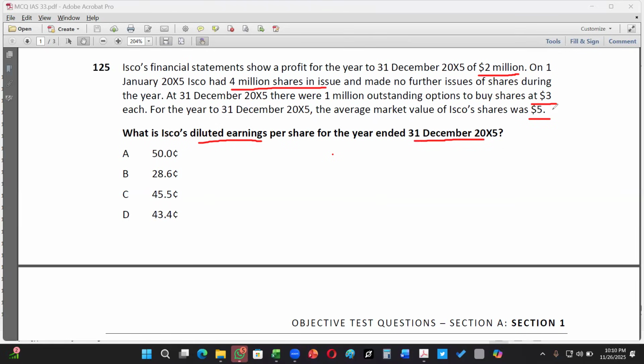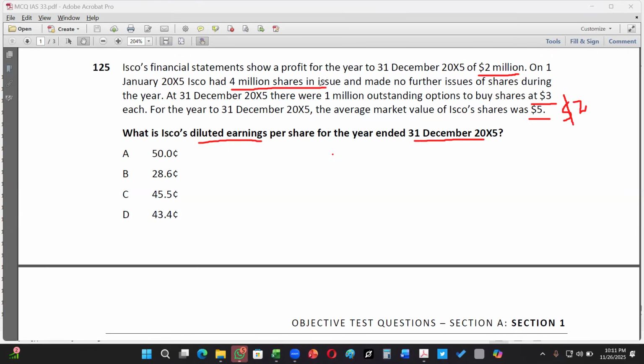So there is some bonus element. Some of these shares are for free. How much is that? That is clearly $2, because the normal price is $5 and we only have to pay $3. So $2 is the bonus element. So we have to calculate the new shares according to this bonus element.